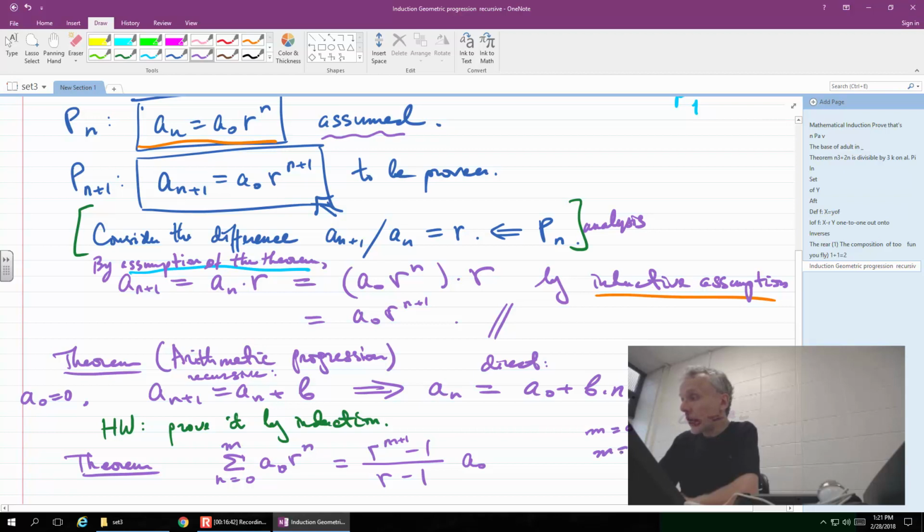And you go with m equal to 1, then you have a naught plus a naught r on the left. And what do you have on the right? You have r squared minus 1 over r minus 1 times a naught. Is it true? We already do have a base, but one base is sufficient. Still, if we look at the second formula, do you see if it is correct?